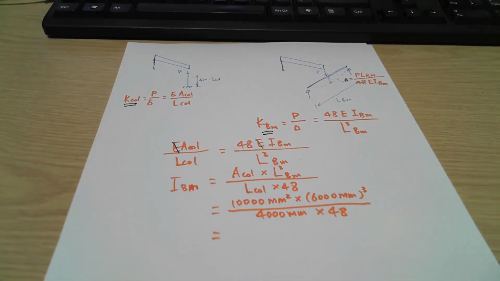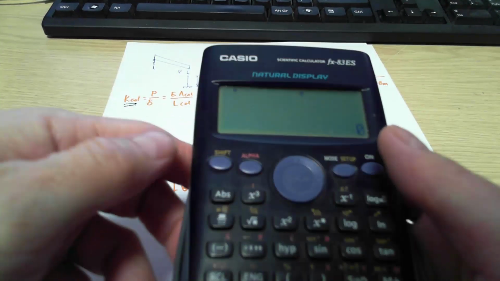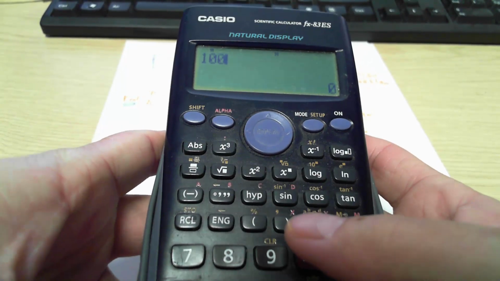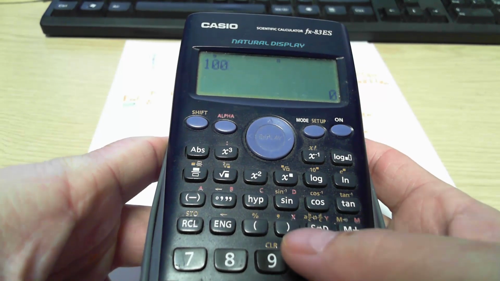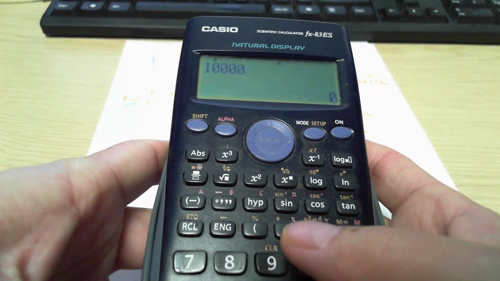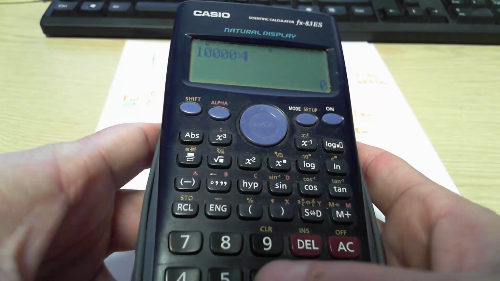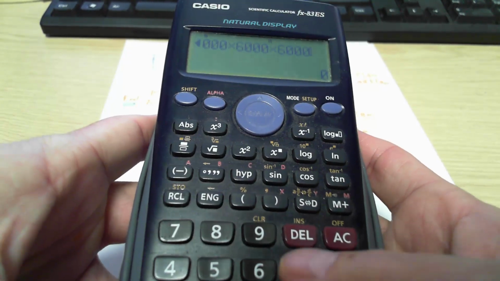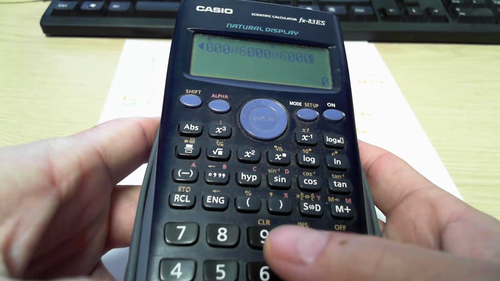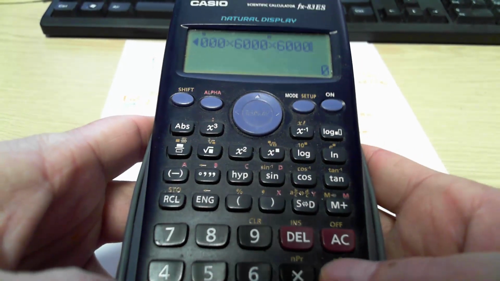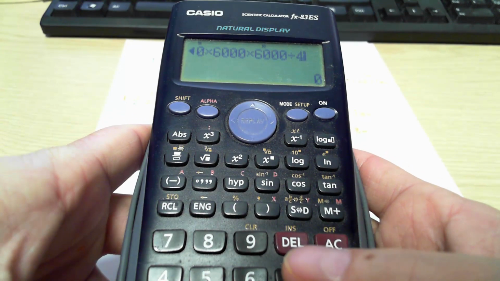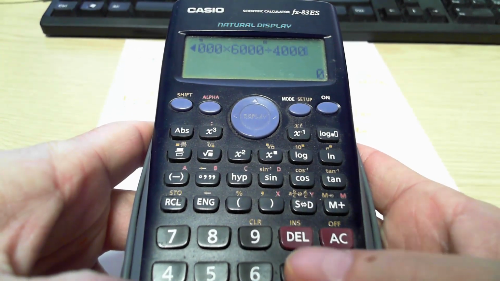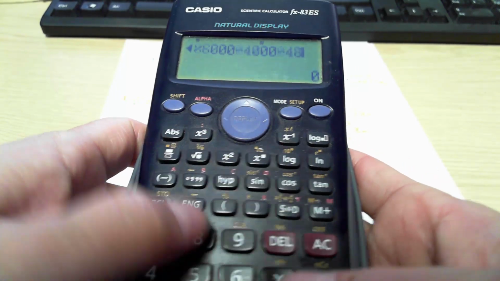So let's use a calculator to do this calculation. We have 100 centimeter squared converted to millimeter squared, times 6,000 times 6,000 times 6,000, a stupid way to do it, and divided by 4,000 divided by 48.